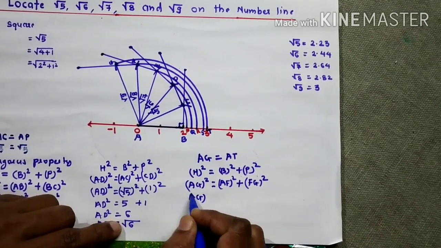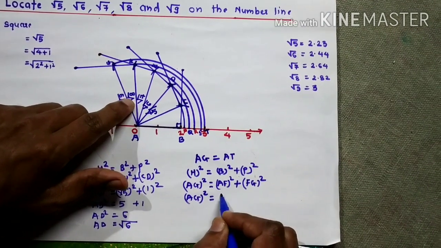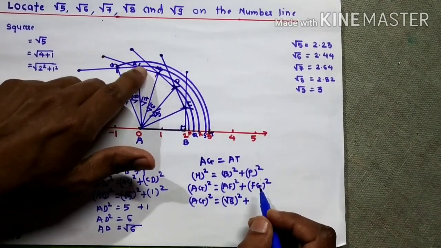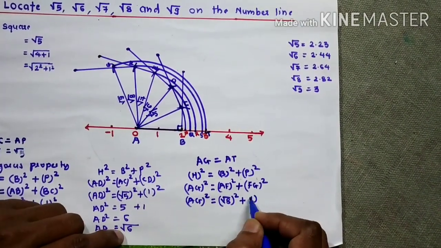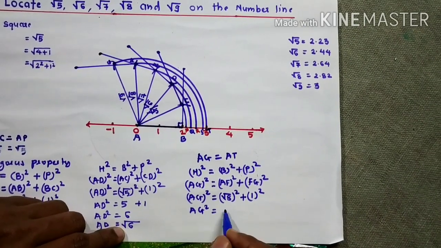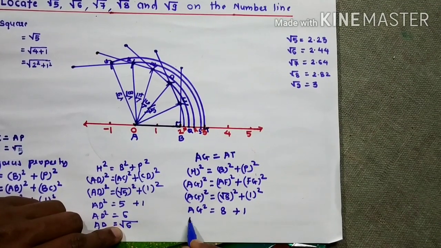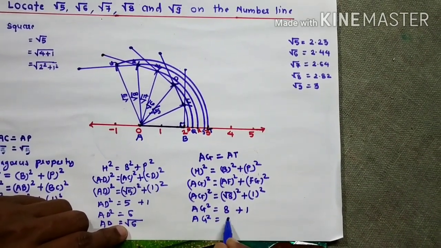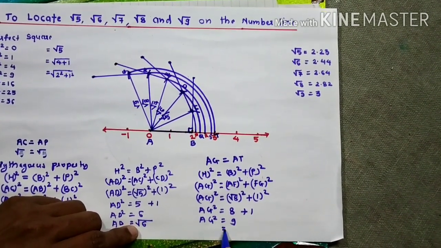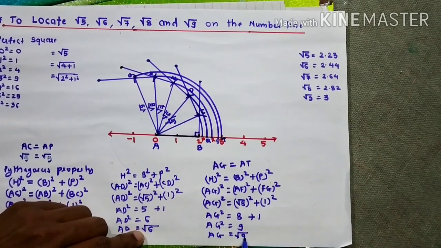AG square is equal to AF square, root 8 square, plus FG, 1 square. So AG square is equal to root 8 square, which is 8, plus 1 square, which is 1. So AG square is equal to 9. Let me move the square to the right hand side. AG is equal to root 9.